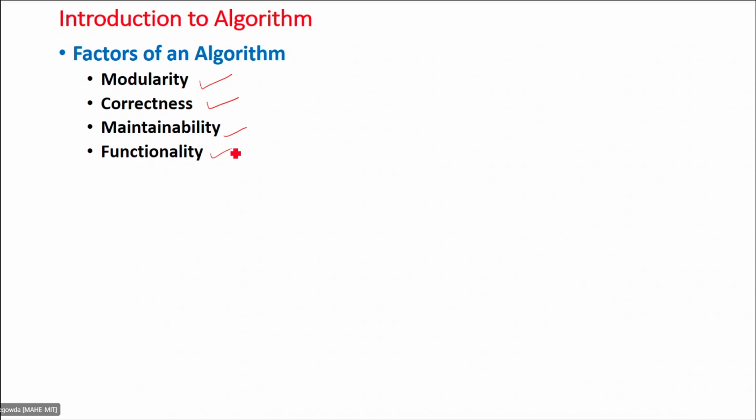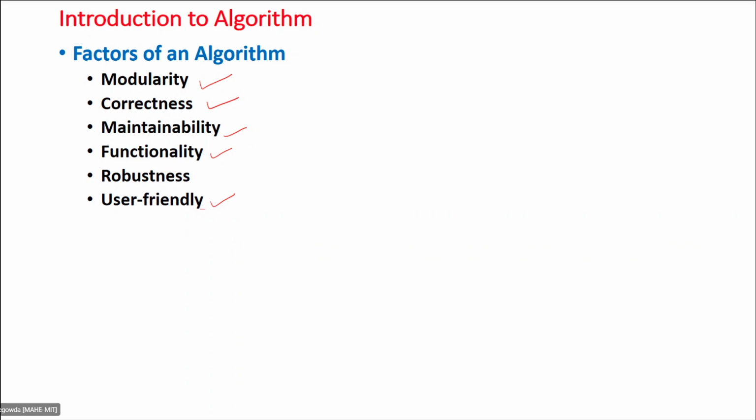The next factor is functionality. It considers various logical steps to solve the given real world problems. Next one is robustness. Robustness means how an algorithm can clearly define our problem. The next factor is user friendliness.